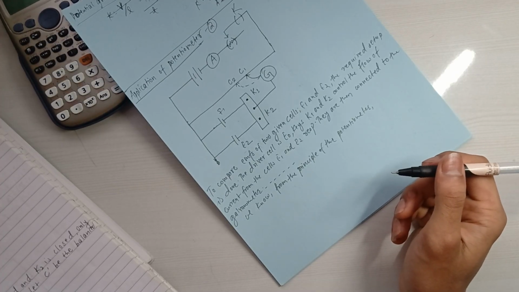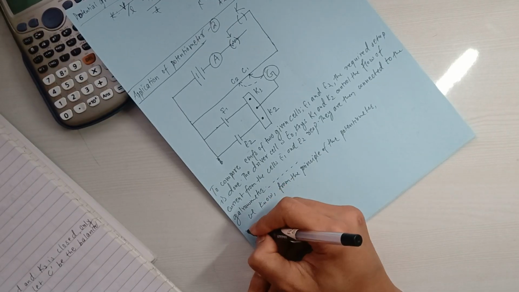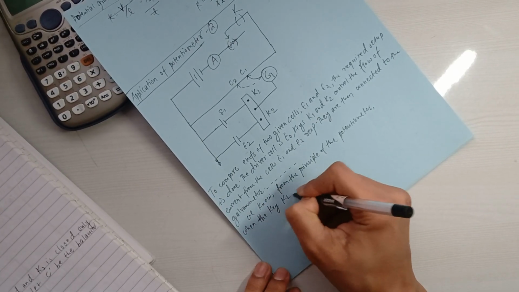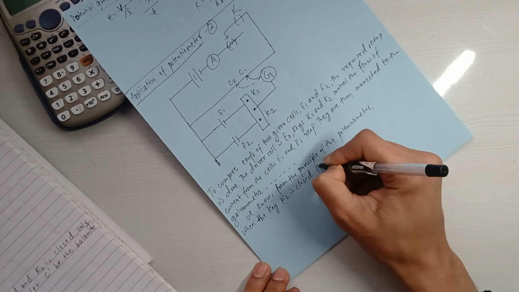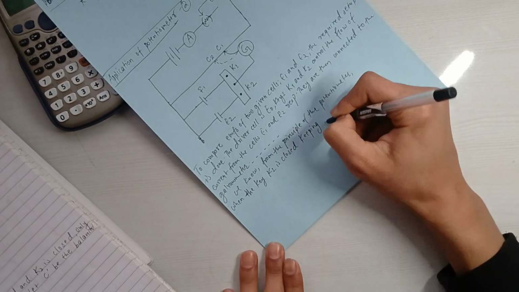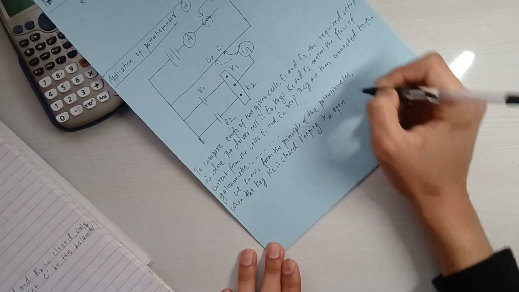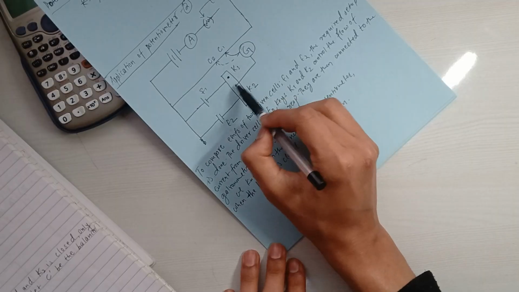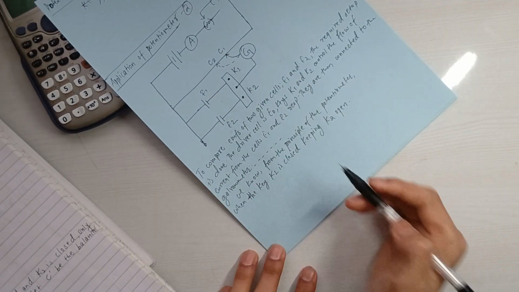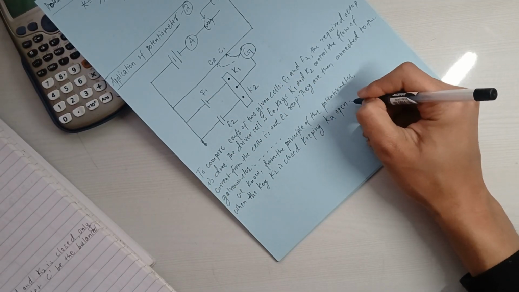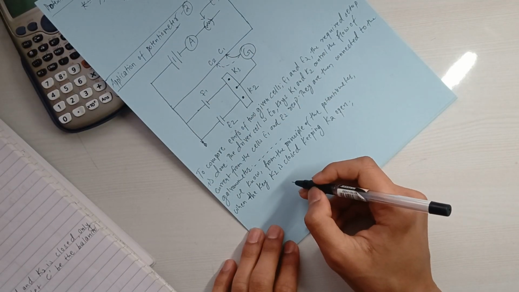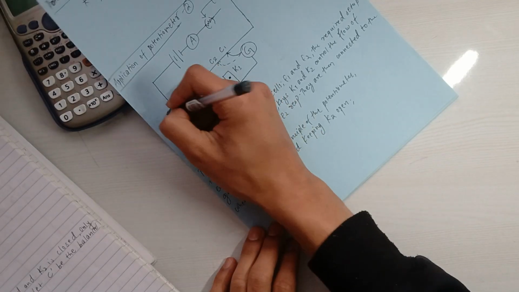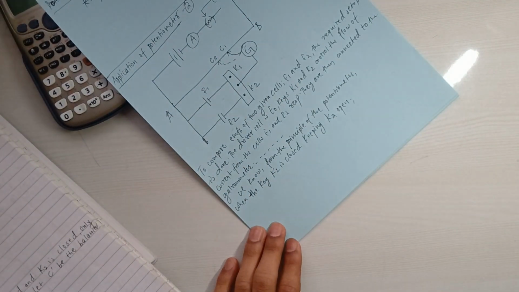We need to write a little bit more. The principle of potentiometer: when key K1 is closed, keeping K2 open, that means current won't flow through here, but the current will flow through here. Let the length of the potentiometer wire be AB.